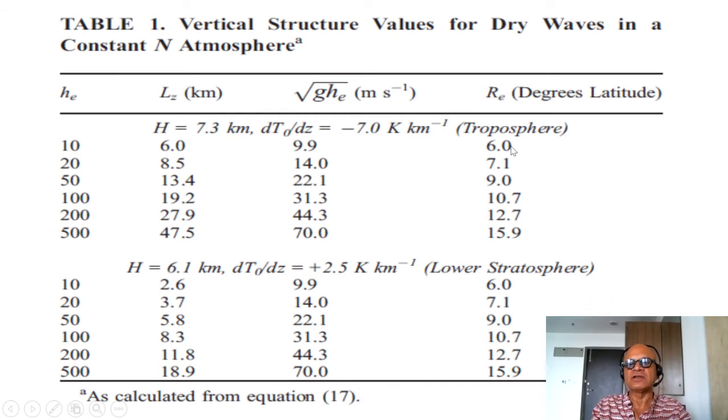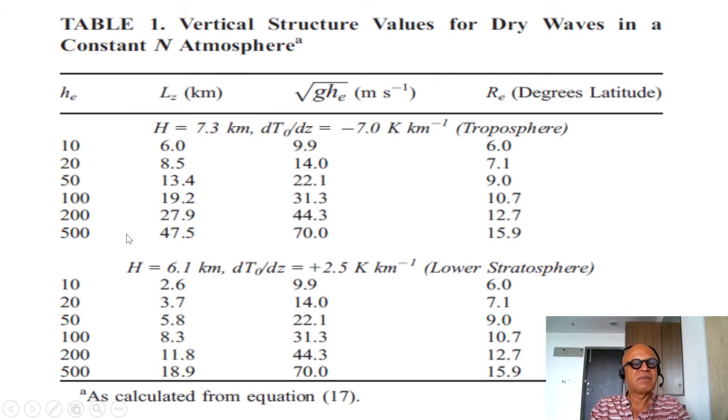For the troposphere, here you have the equivalent depth of 7.3 kilometers with a given lapse rate of -7 Kelvin per kilometer, and here are the different equivalent depths corresponding to the wavelengths in the vertical, and that's the gravity wave speed, and that's the Rossby radius of deformation, which we have looked at.